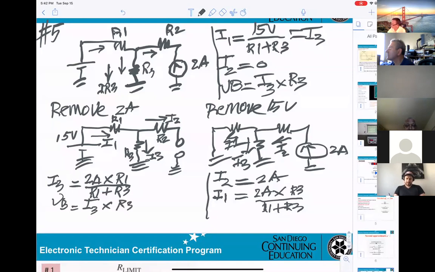Then you take the I1 in this second one, adding to I1 in the first one, I2 the same thing, adding to I2. Combine the first one and the second one. That's how superposition works.